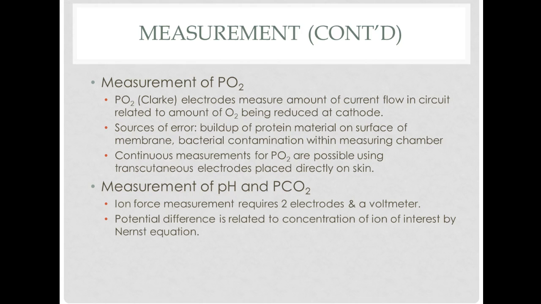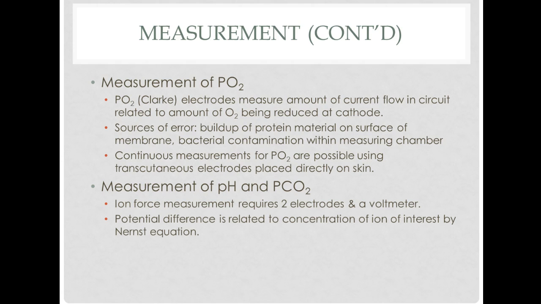Some things that can cause problems with this are buildup of protein material on the surface of the membrane, which is why we have to run a cleaning agent through in between samples. We can also see bacterial contamination as well. Continuous measurements for PO2 are possible using transcutaneous electrodes placed directly on the skin.